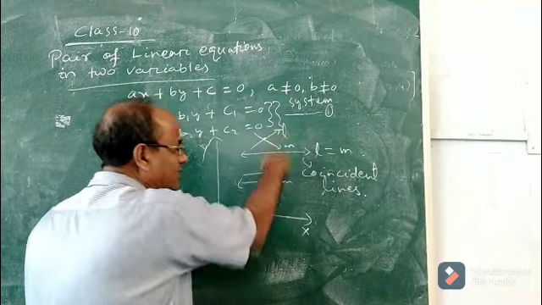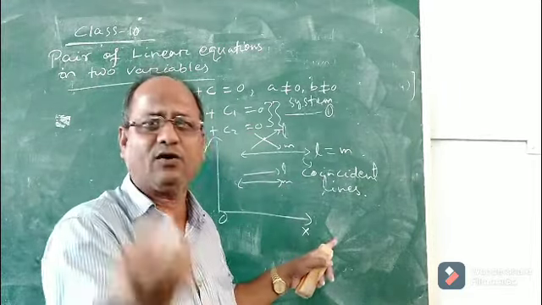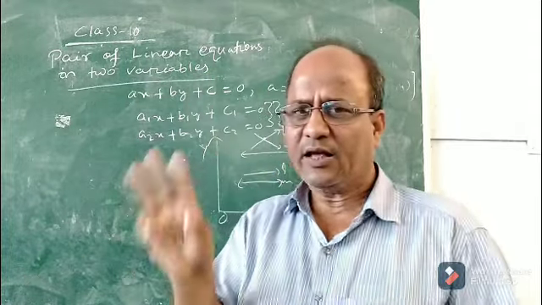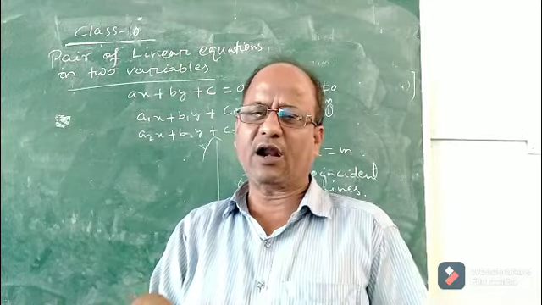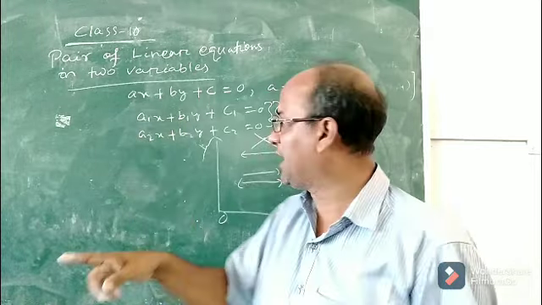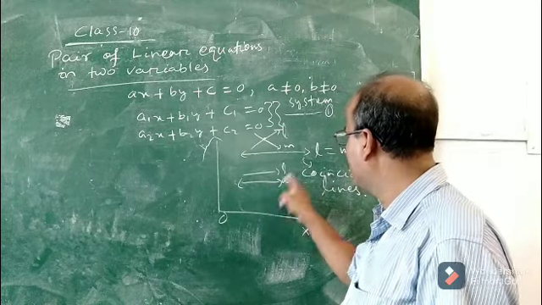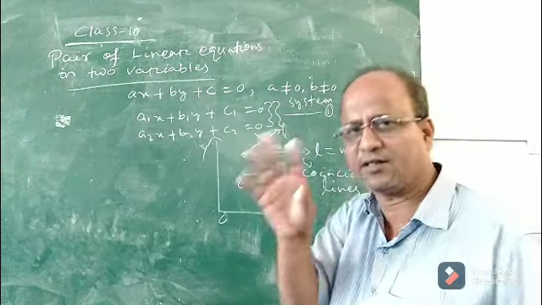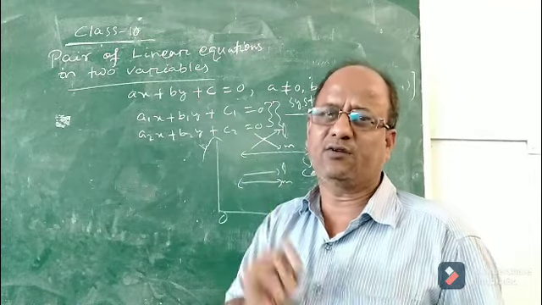So these are the three possible relations between any two lines in a plane. If you are given a pair of linear equations in two variables and you draw the graph of those two equations, you will get two lines. They may be intersecting, parallel, or coincident, like the third case. Coincident means one and only one, the same line.